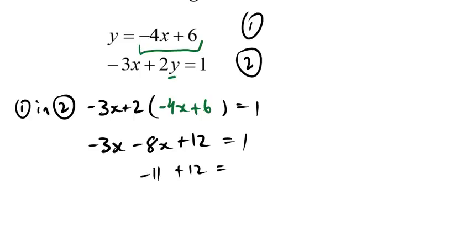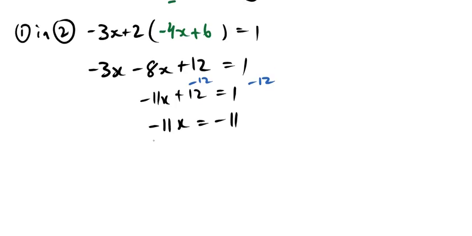Plus 12 equals 1. Subtract 12 from both sides. Negative 11x equals negative 11. Divide both by negative 11. And x equals 1. That's equation 3.